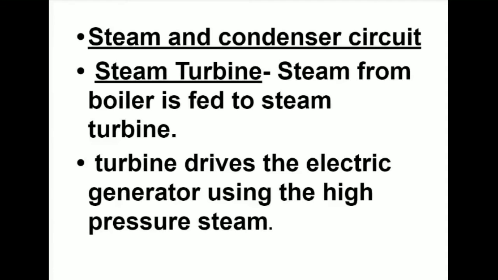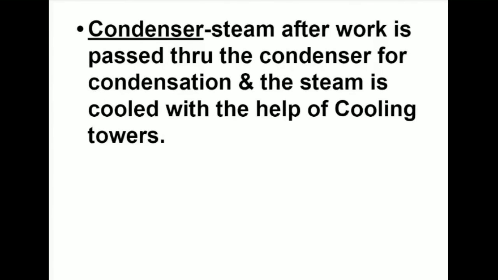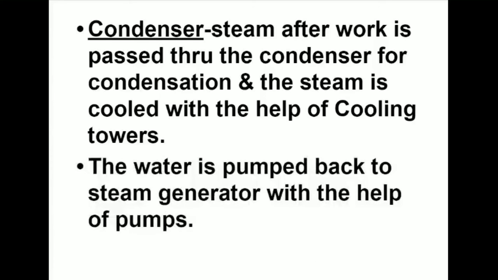Then turbine drives the electric generator using high pressure steam. And condenser: steam after work from the turbine is passed through the condenser for condensation. And the steam is cooled with the help of cooling towers as in the case of thermal power plants. The water is pumped back to the steam generator with the help of various pumps.